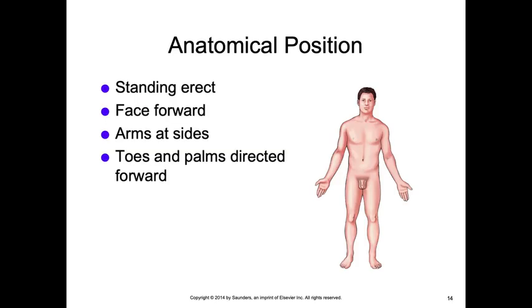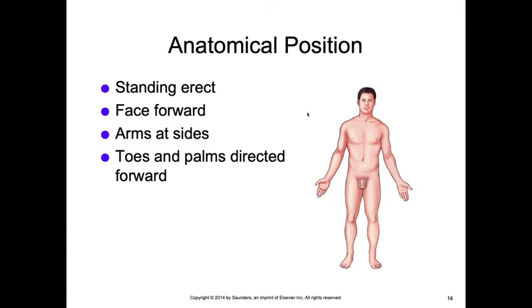So as you can see, anatomical position is critical for a frame of reference when we refer to where structures are located in the body. And that position is shown here: standing erect, facing forward, arms at your side, toes and palms forward. And all of the different relative positions in the body, as we saw in the video, are based on references from this position, okay?